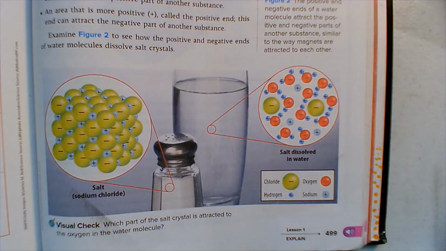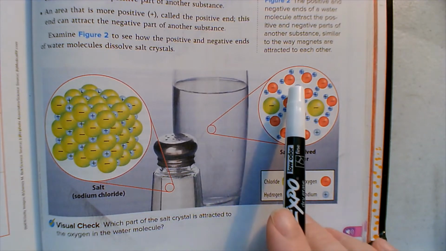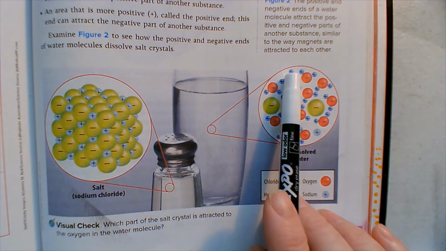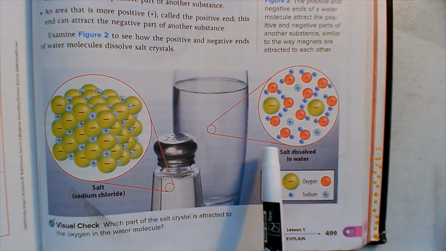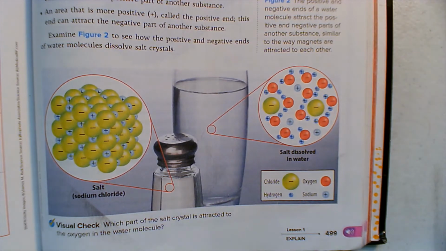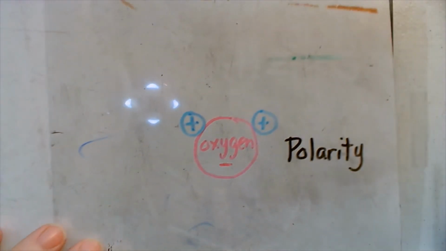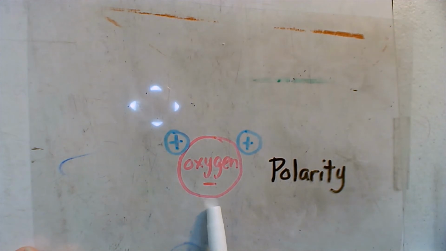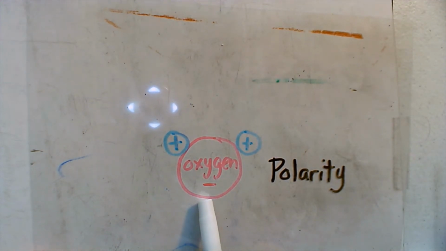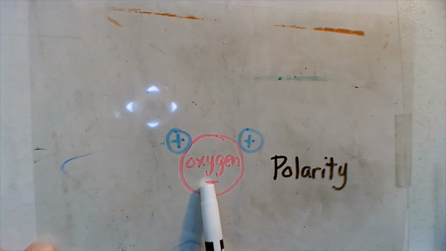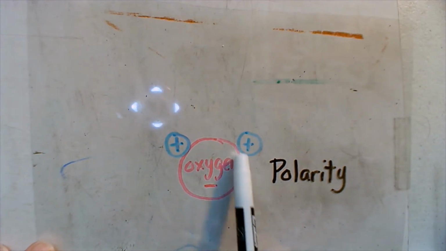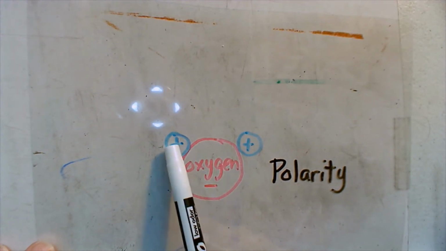Okay, here we can see that the water molecules are made up of oxygen and hydrogen, and the oxygen is slightly more negative and the hydrogen is slightly more positive. We call this polarity. Okay, and you're going to learn all about this next year, because we'll talk about how the protons inside of the oxygen have a stronger pull on the electrons that the hydrogen and the oxygen share.